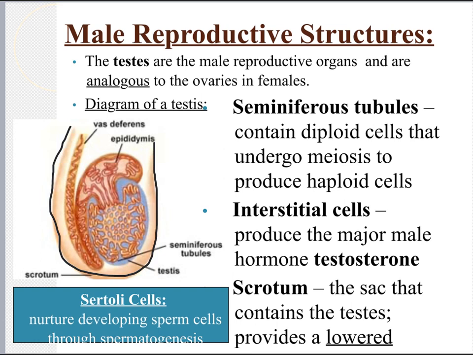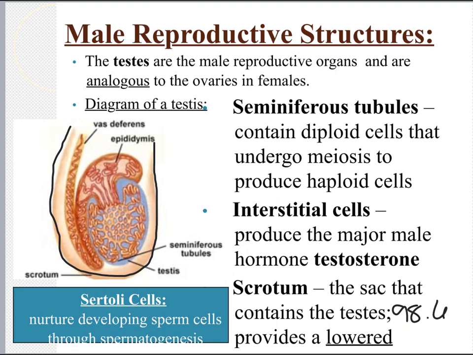We should all know that your body temperature is approximately 98.6 degrees, give or take a degree or two. Well, sperm production actually works better a couple degrees lower than that. So that's why the testes are located outside of the male body.